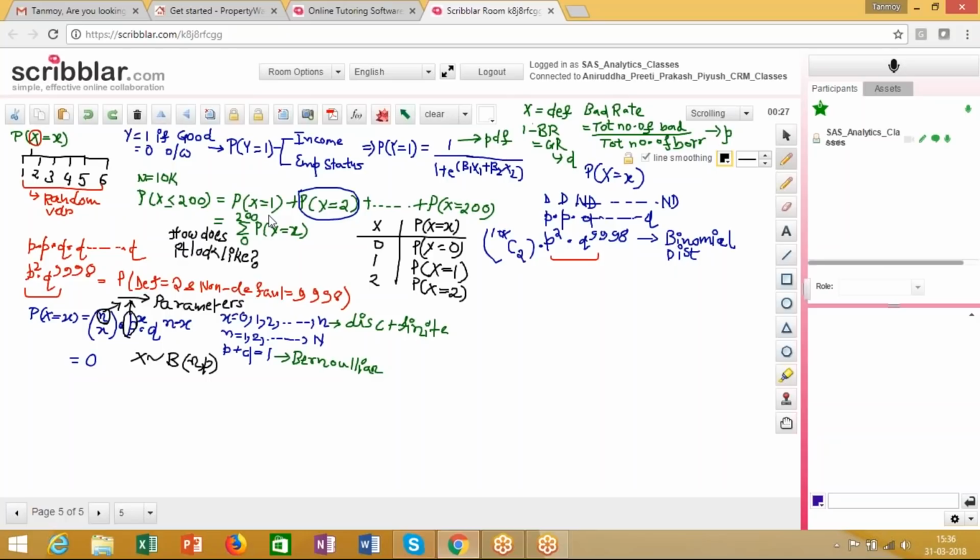what exactly the concept of a distribution is. The concept of a distribution is where you have an outcome and a relative frequency corresponding to that outcome.